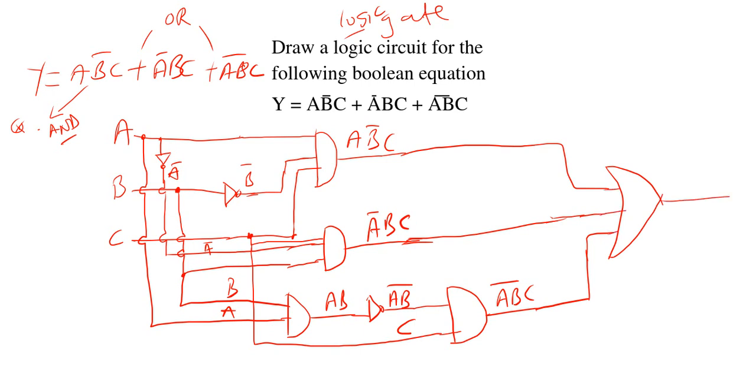And in this case we merge with Y, where Y will be these three added together. So we get A, B complement, C, plus not A, B C, plus not A B complemented, C.